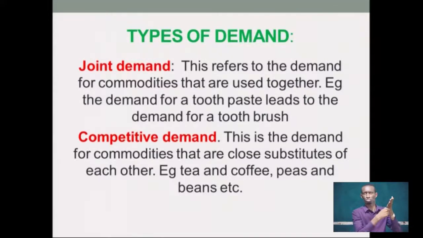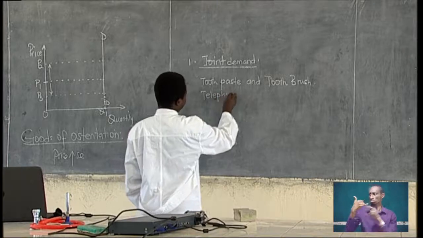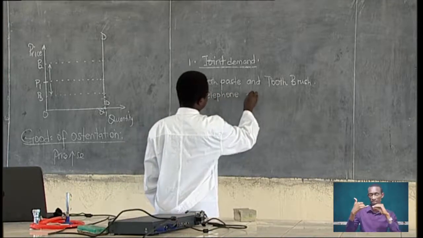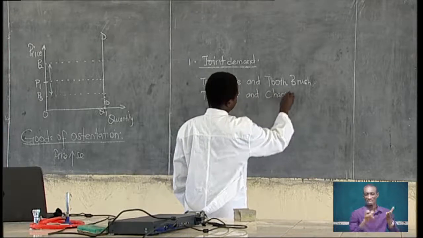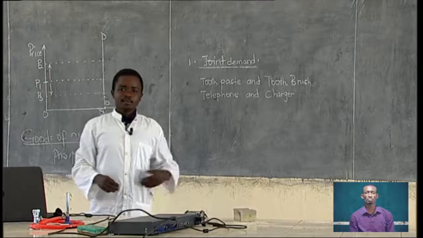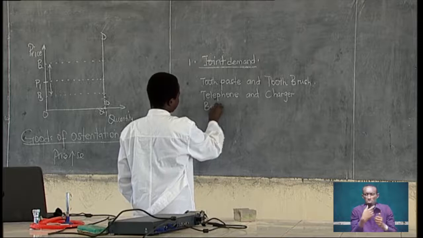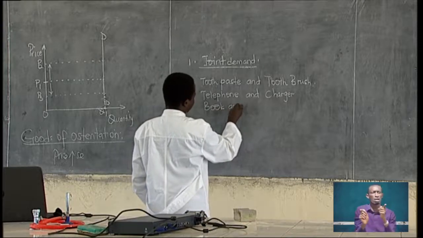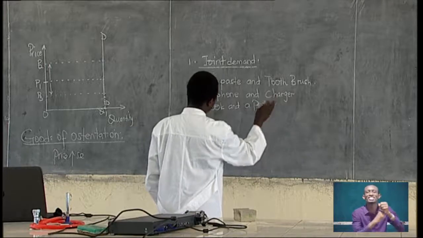If you have a telephone, then automatically you should be having a charger. Or you can even talk about a book and a pen. A book and a pen may also be complementary goods, a pen or a pencil.